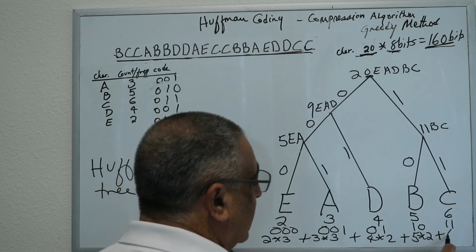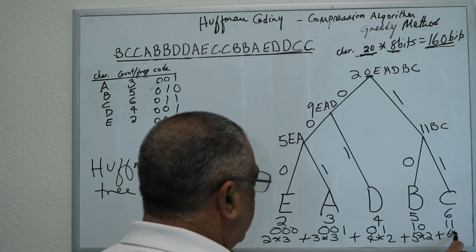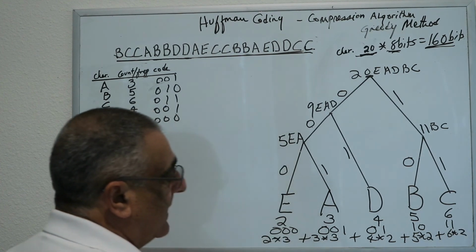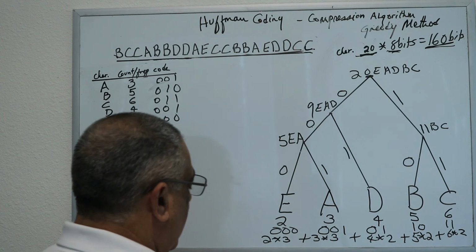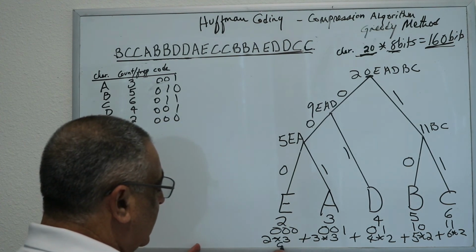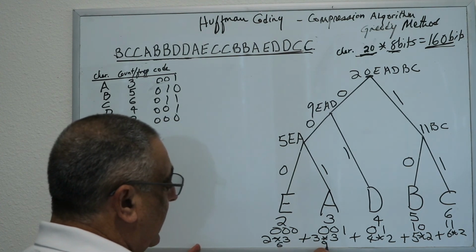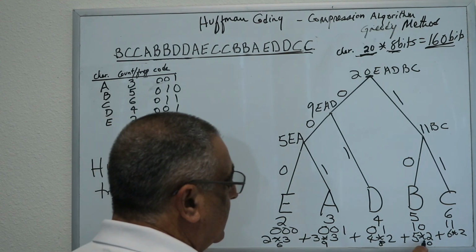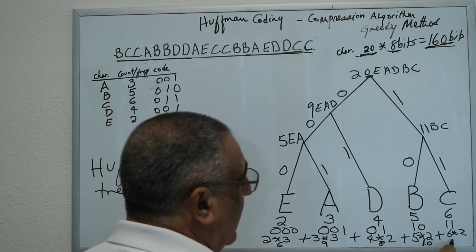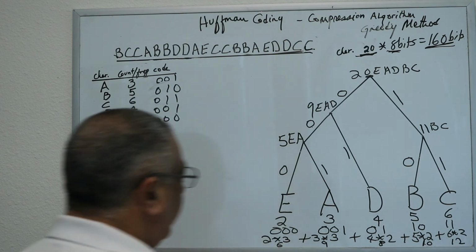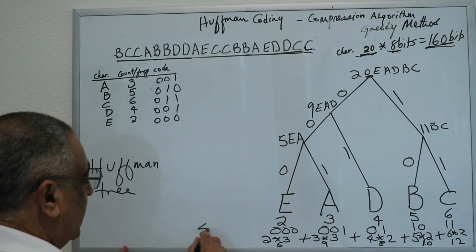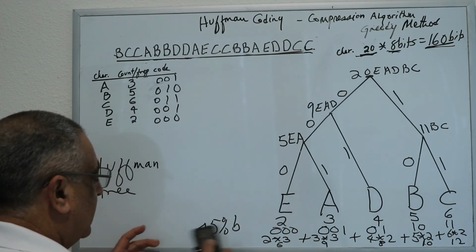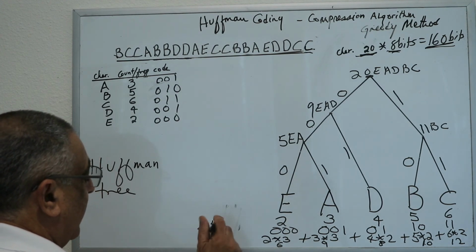And this is 6 times 2, which is 12. So if I add these up, 6, 9, 8, 10 and 12, I get a total of 45 bits.